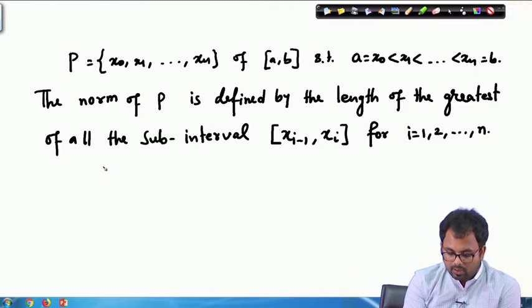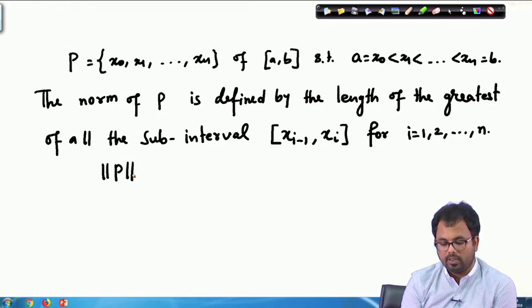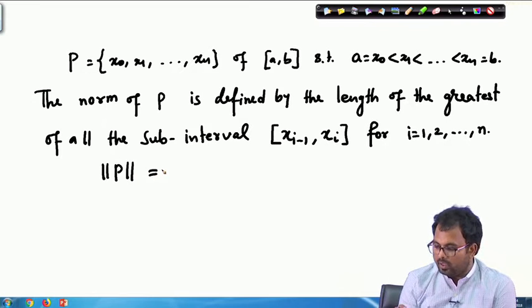So that means the norm of P. The norm is usually denoted by this double bar notation. So the norm of P is basically the greatest.